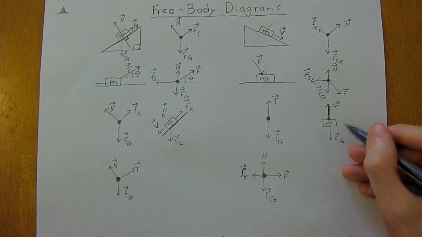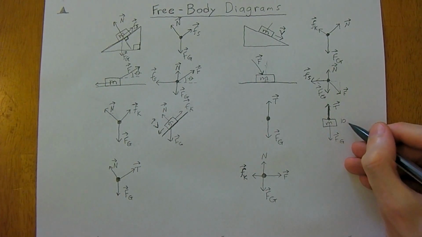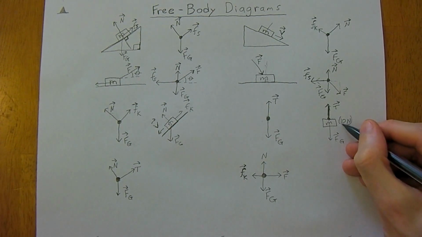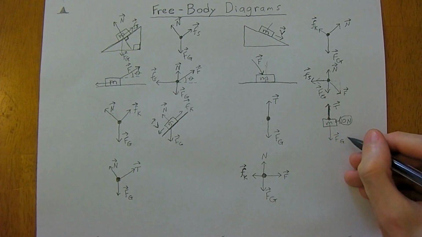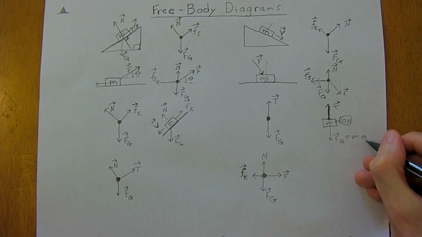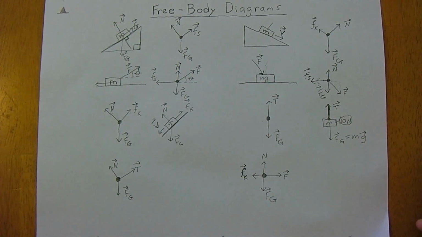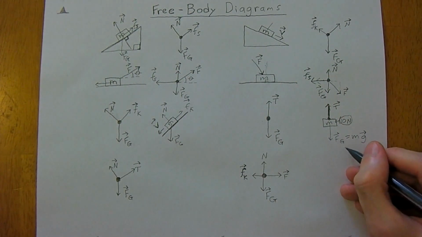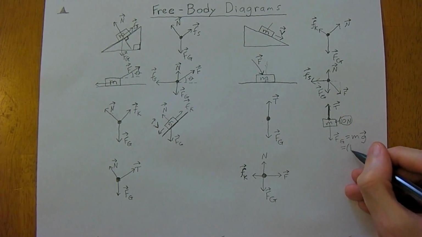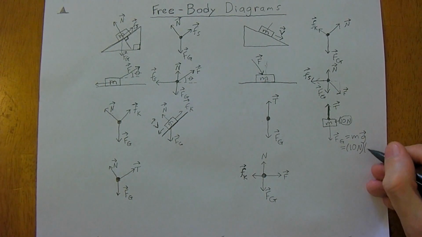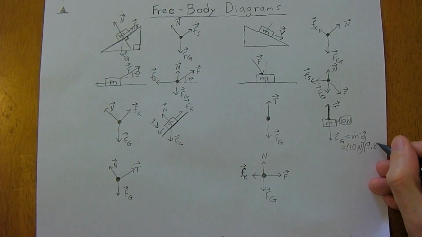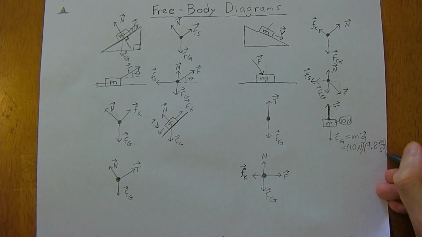So say this block had a mass of 10 newtons, then we actually know that the force of gravity is equal to mass times the gravitational acceleration of Earth. So the force of gravity will be 10 multiplied by 9.8 meters per second squared.